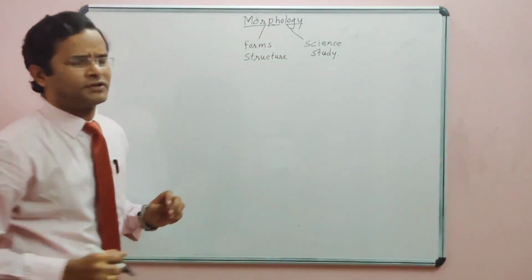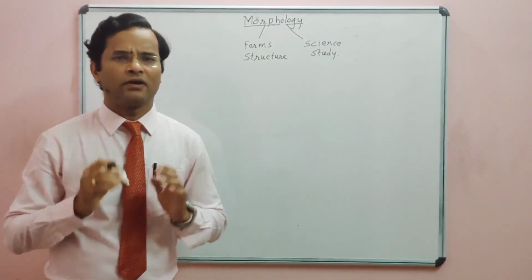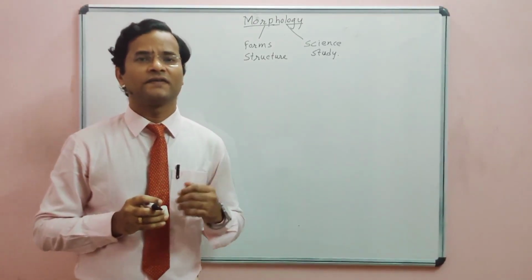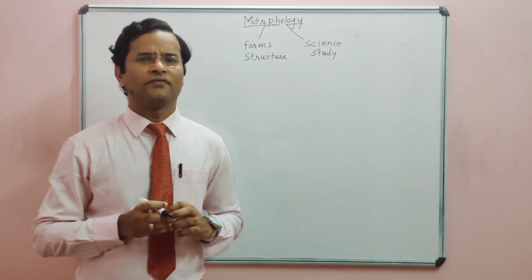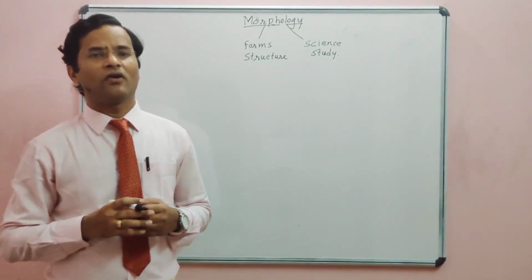So morphology combined is the branch of biology which deals with the study of the structure, different forms and relative position of the organs or organisms.